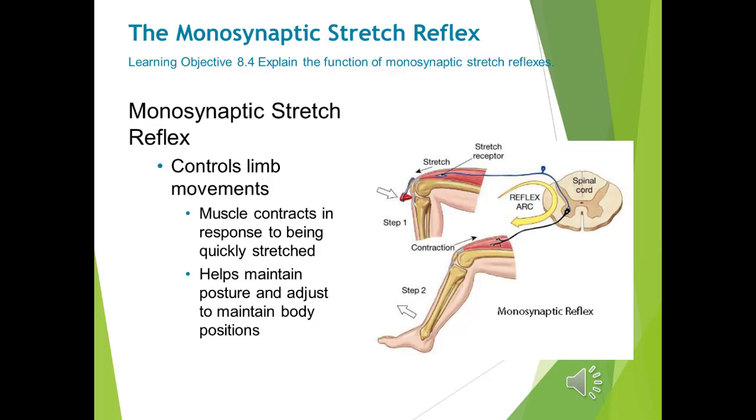As you will note from your reading, the classic monosynaptic stretch reflex is the patellar tendon reflex, which is illustrated here. It is an example of movement control via single synapses, where the muscle contracts in response to being quickly stretched, in this case by the mallet hitting the patellar tendon.